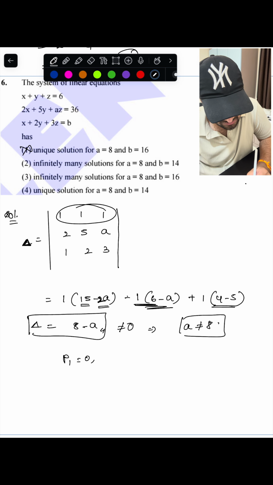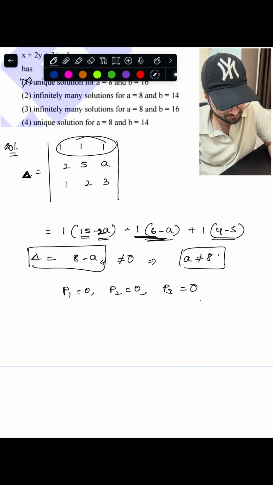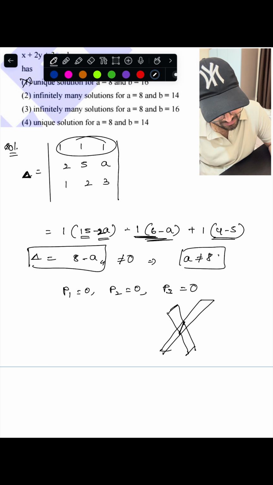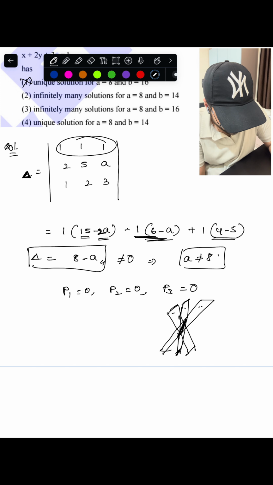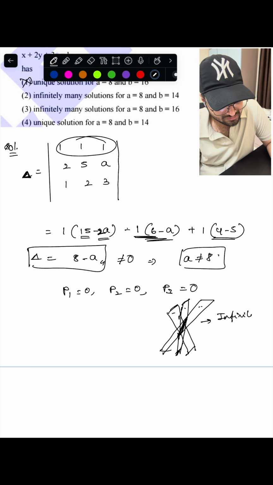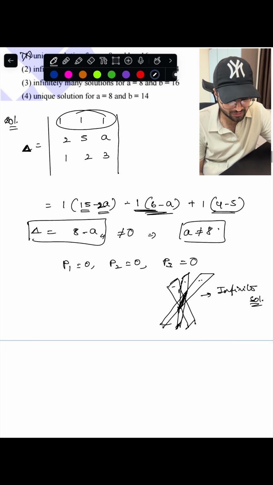Suppose plane 1 is there, and another plane is there, intersecting at one line. If the third plane passes through their line of intersection, then these 3 planes form a family of planes. They have the line of intersection as a common part. That means the infinite solution case.